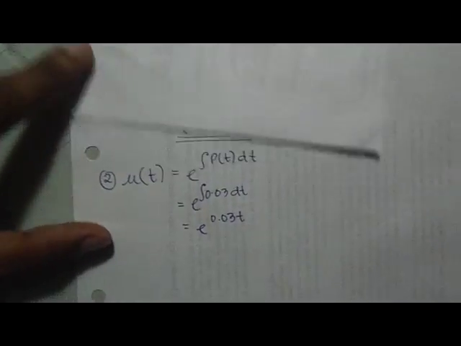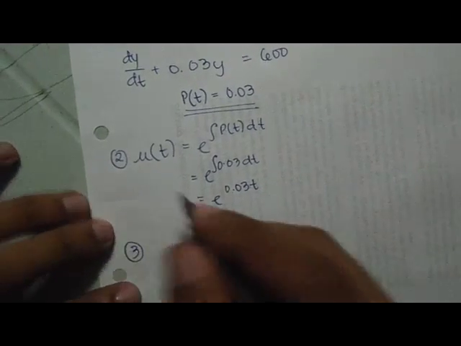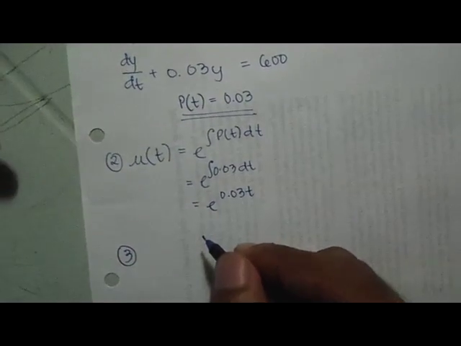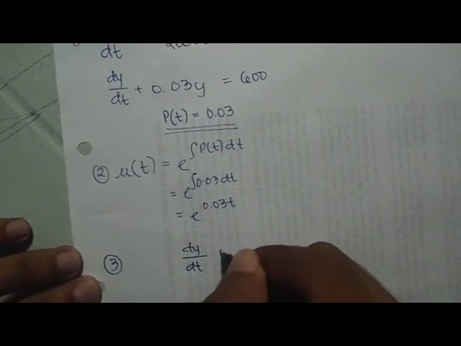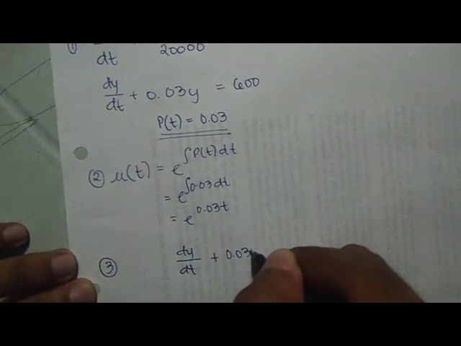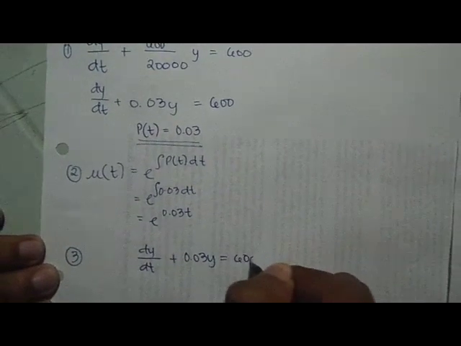So the next one is multiply the integrating factor to the original equation. So we are already now at our third step. So we recall that our original equation is dy over dt plus 0.03y, which is equal to 600.